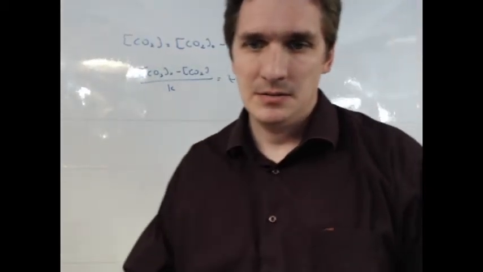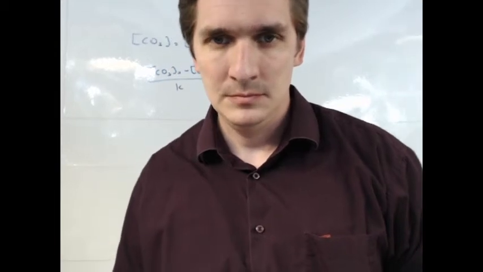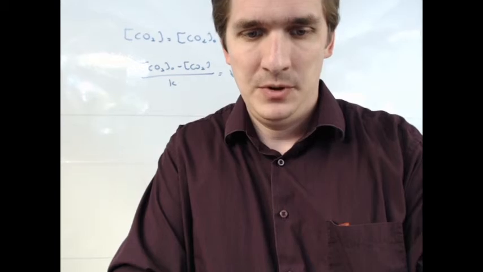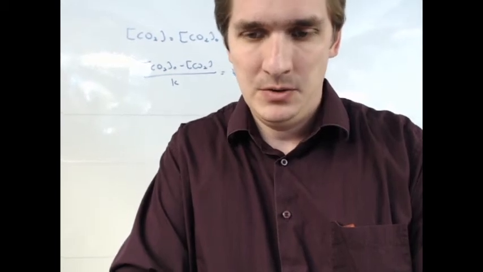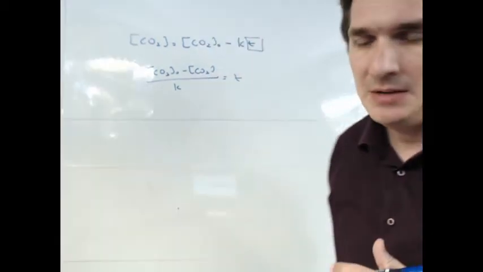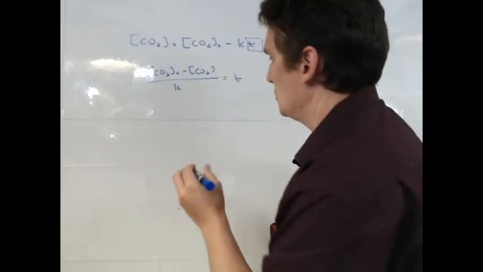So based on that formula, 0.33 divided by 0.0189, we get 17.7 or 17.5.